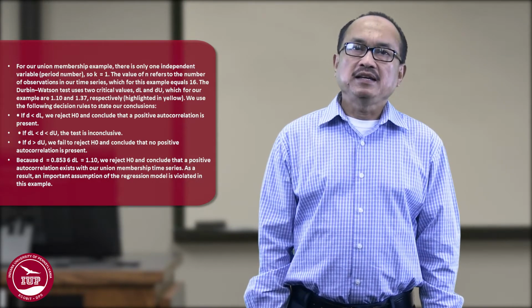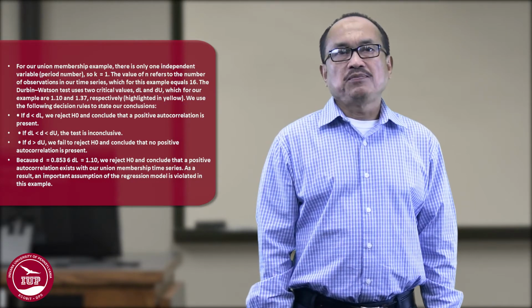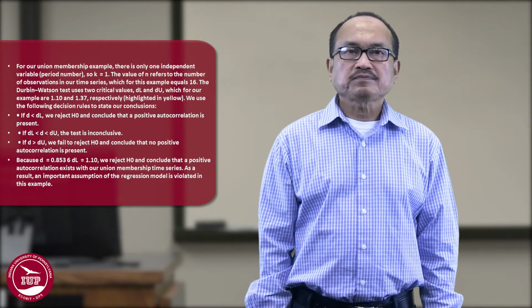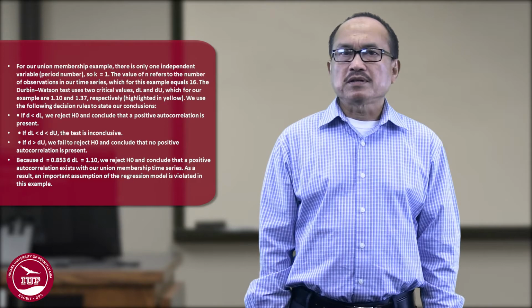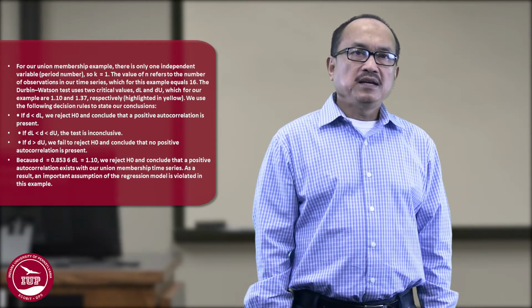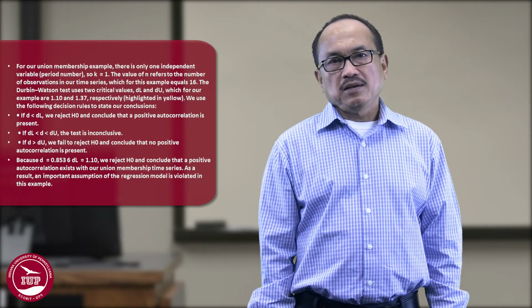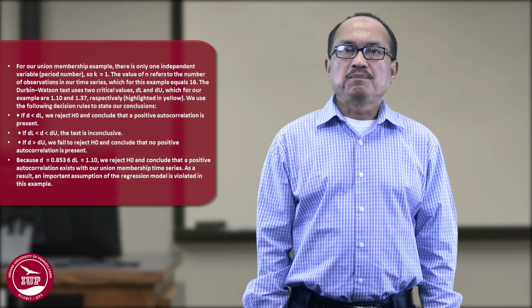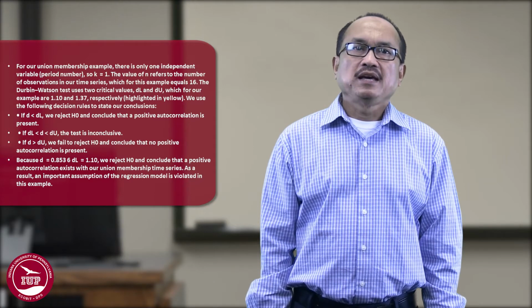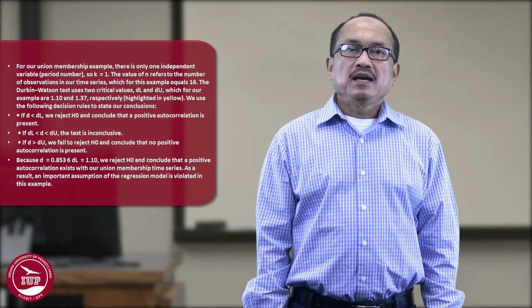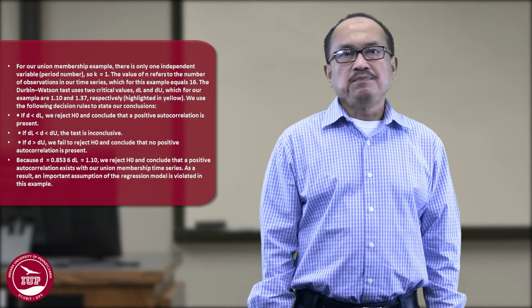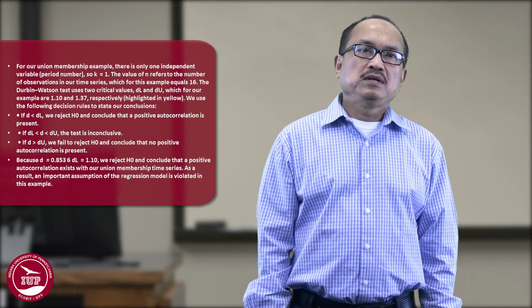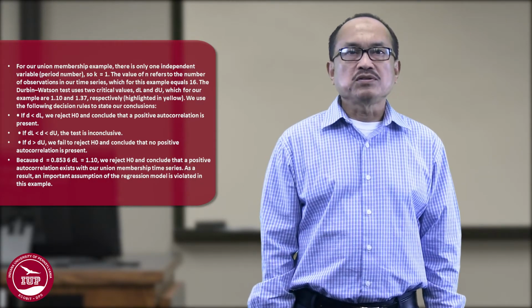or highlighted in yellow. We use the following decision rule to state our conclusion. If d less than dL, we reject the null hypothesis and conclude that a positive autocorrelation is present. If d is between dL and dU, the test is inconclusive.